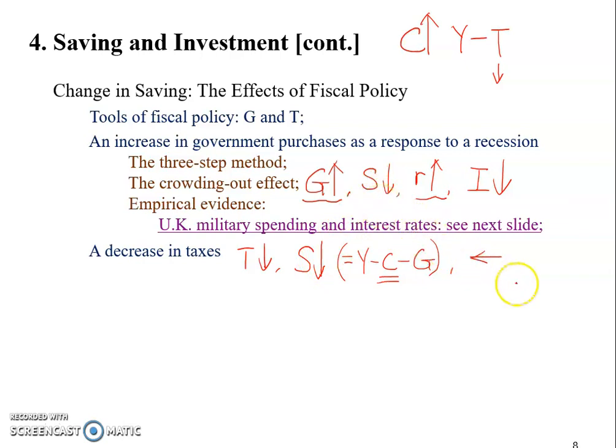We're going to see a shortage in the second step. The shortage on the loanable funds market will push up the real interest rate, right? And then the opportunity cost goes up. So eventually we will see a decrease in private investment.